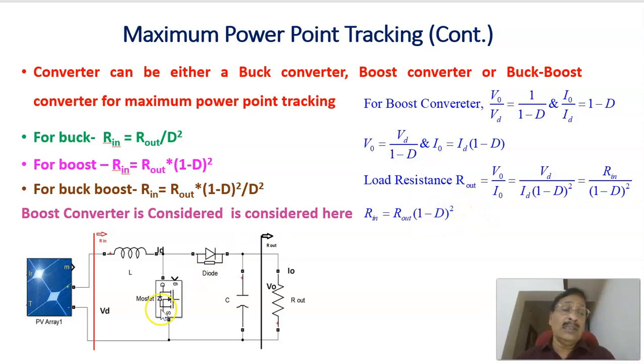Meaning, if you are controlling the duty ratio of the switch or MOSFET of the boost converter, you can make this R in, that is the resistance at this input side, the same as RMPP. If you are making this resistance the same as RMPP, the maximum power can be delivered from the solar panel into the load. Therefore, basically in this converter, you are changing the duty ratio of this switch in such a way that R in equal to R out into (1 minus D) whole square is made equal to RMPP.